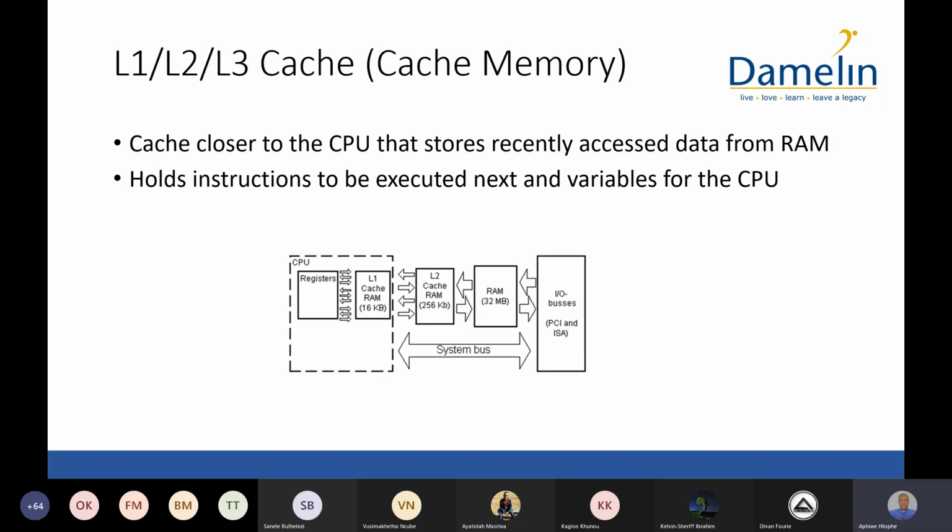So cache memory, we say, is closer to the CPU and stores recently accessed data from the RAM, holds instructions to be executed next, and variables for the CPU.